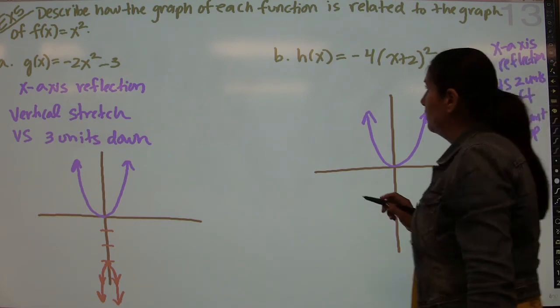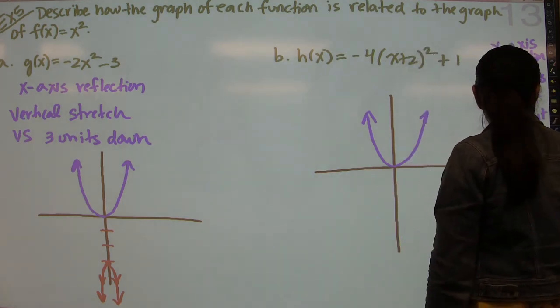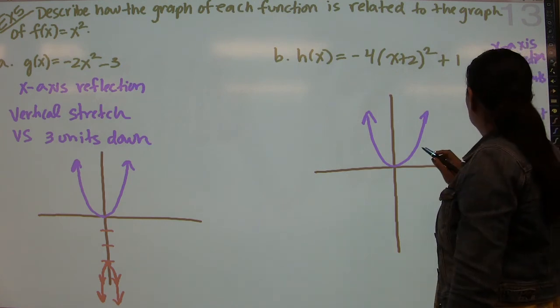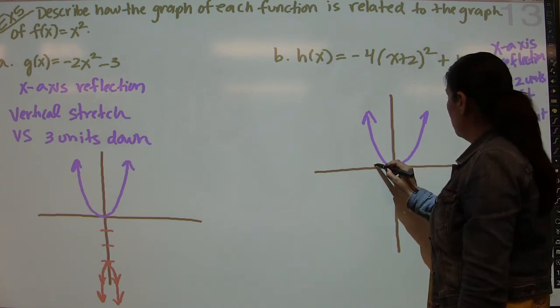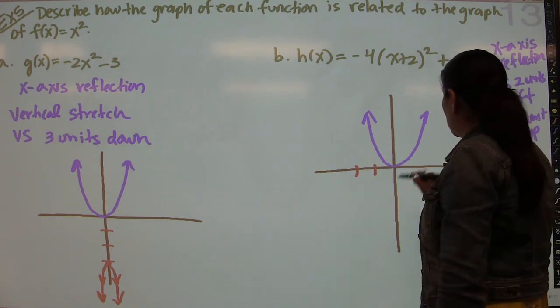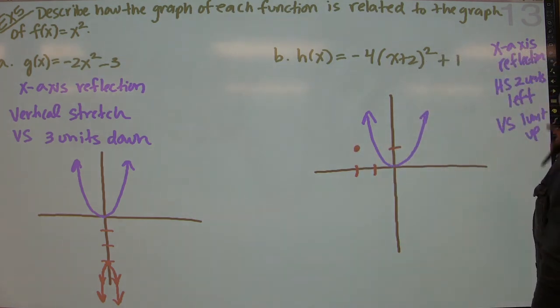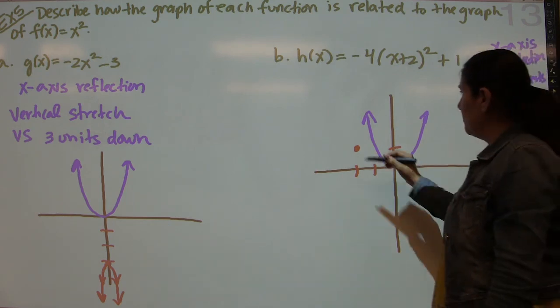So that means that we're going to be two units left, so we're going to go 1, 2 units left. We're going to go 1 unit up, so this is going to be my vertex right there. And because of the x-axis reflection, we're going to be upside down.